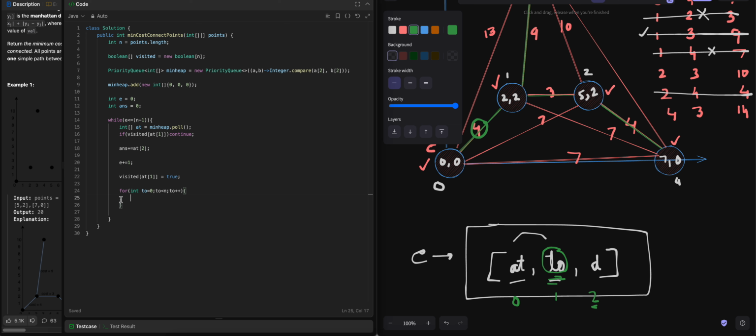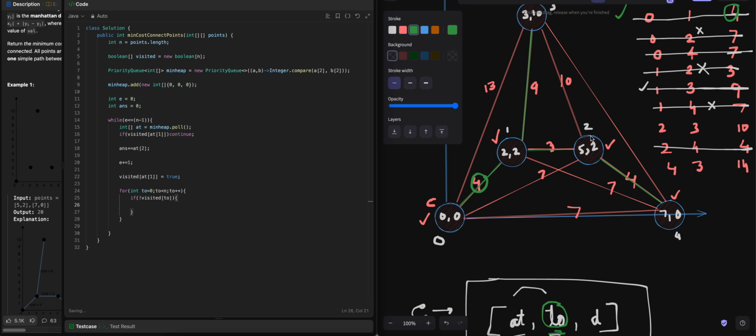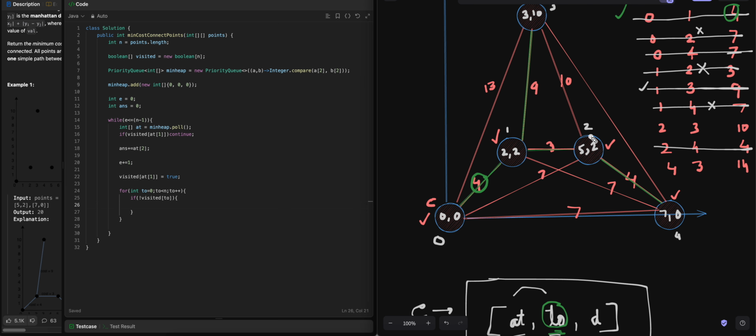Now again here we are going to check, it could be possible that we have visited the node that we are going to, as you have seen in this case, when we were at this node.